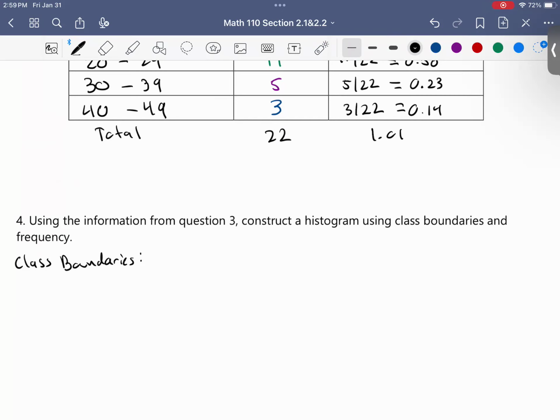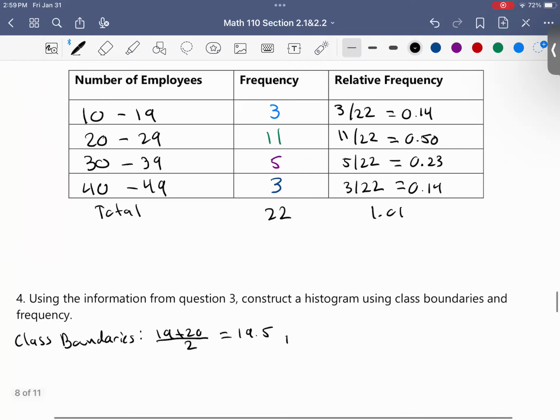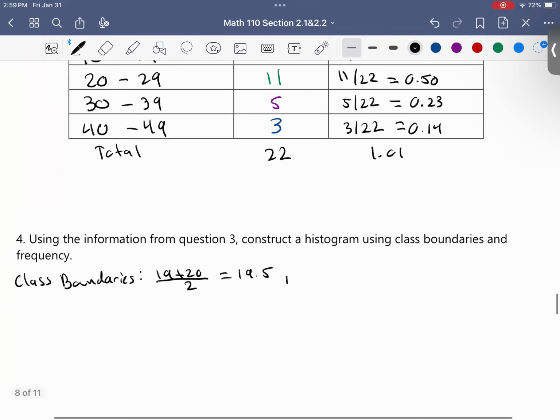That's going to be 19 plus 20 divided by 2. And that's going to be 19.5. The class boundary between 29 and 30, same exact thing.